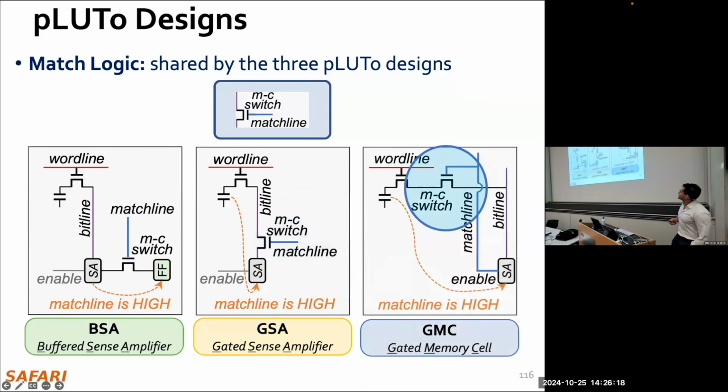The third design we call gated memory cell, and here we are going to have an extra access transistor in the DRAM cell, which connects to the matching logic. So now I'm going to only destroy this data if I have a match. Before, I always destroyed the data, even if I didn't have a match.